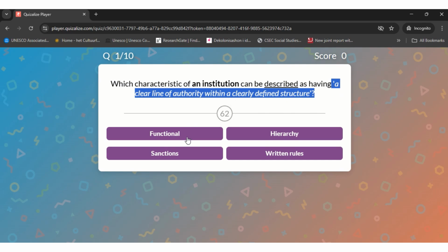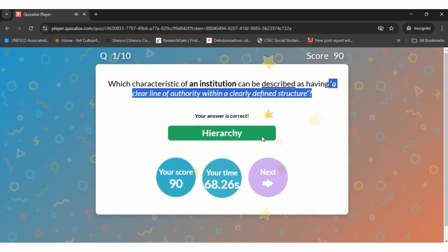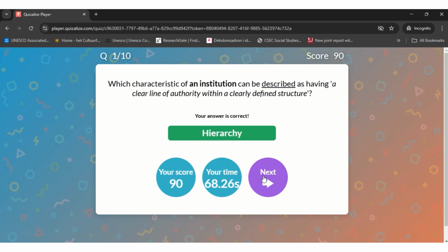Functional, no, that doesn't sound right. Sanctions, doesn't sound right. Hierarchy, maybe. Written rules. The best answer here, looking at the explanation, is hierarchy. Like the army has a hierarchy. School has a hierarchy. Even your friend group has a hierarchy, but limited.